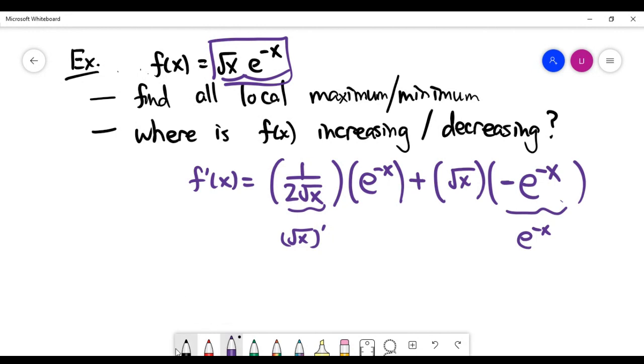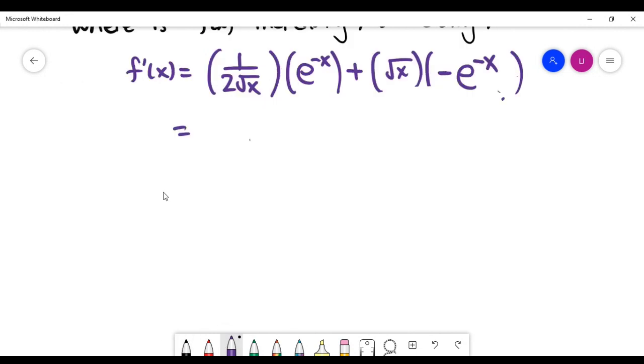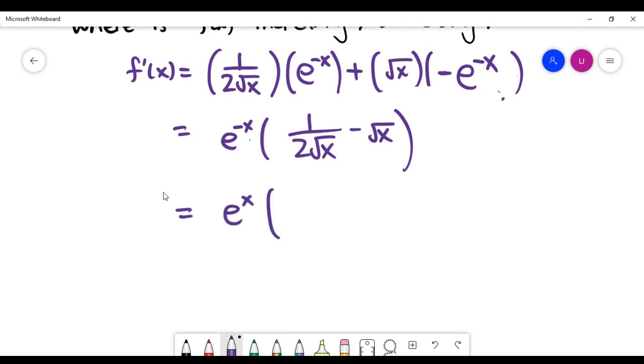And let's simplify it a little bit. We notice that we can pull out the common factor, which is e to the power minus x here. So we get e to the power minus x times open bracket 1 over 2 times square root of x minus square root of x, right? And let's do an algebraic manipulation here, because I think we can use a common denominator 2 times square root of x.